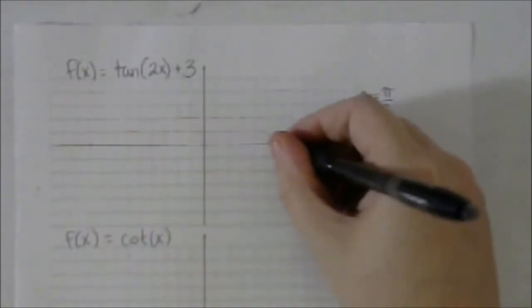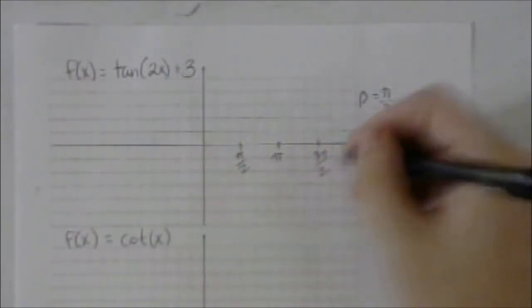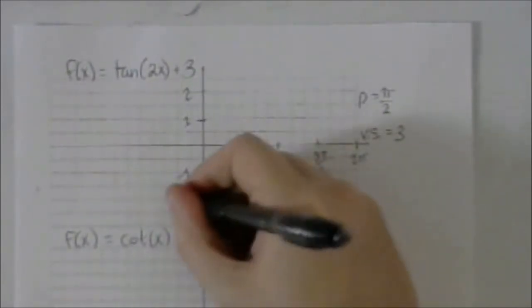Well, let's go ahead and label pi, 2 pi, pi/2, 3 pi/2, and let's count 1, 2, -1, and -2.